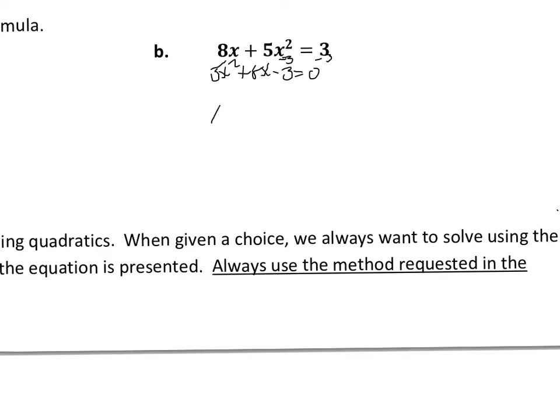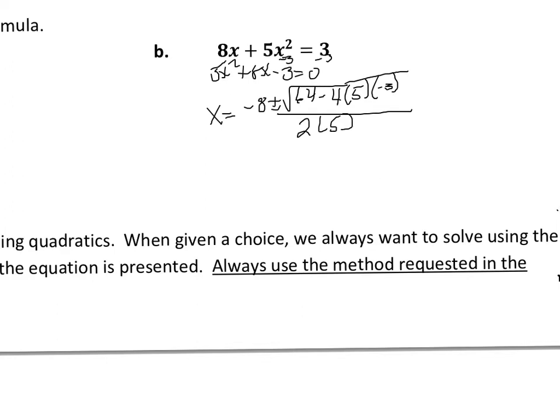Now we're ready. x equals negative b plus or minus the square root. And what's 8 squared? b squared minus 4 times a, which is 5, times c, which is negative 3. Don't forget to keep that negative going. All over 2a.